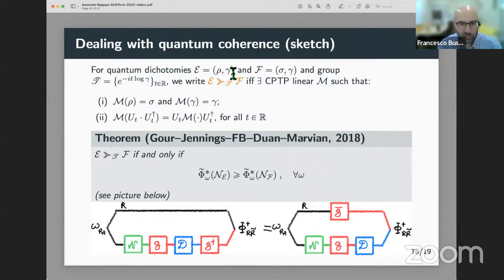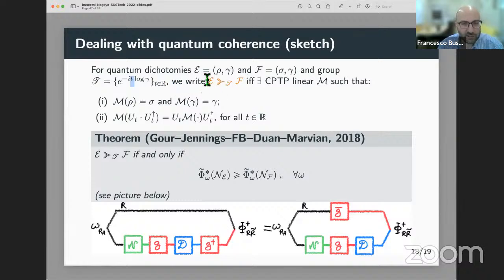So for two quantum dichotomies, rho gamma and sigma gamma, and this group, so what is this group? You see here there is the logarithm of gamma. So gamma here is the thermal state. So essentially this is the Hamiltonian, okay? And then here you have the parameter t, which is time. So this is the one-parameter group of time translations generated by the system Hamiltonian.